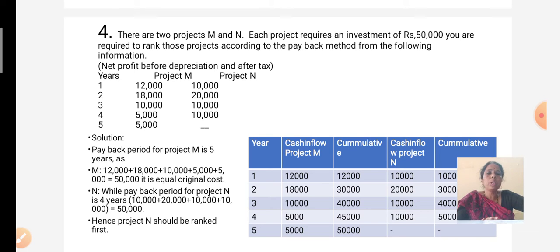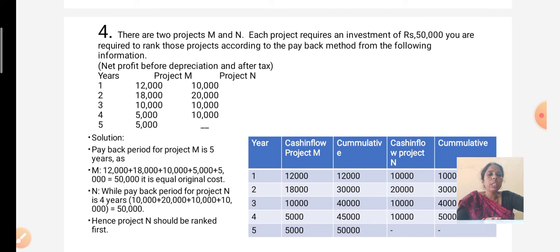Now how do we calculate the payback period for these two projects? Payback period for project M is 5 years. With the cumulative cash inflows 12,000, 30,000, 40,000, 45,000 and 50,000, the initial investment in this project is 50,000 and we get back this 50,000 in the fifth year.